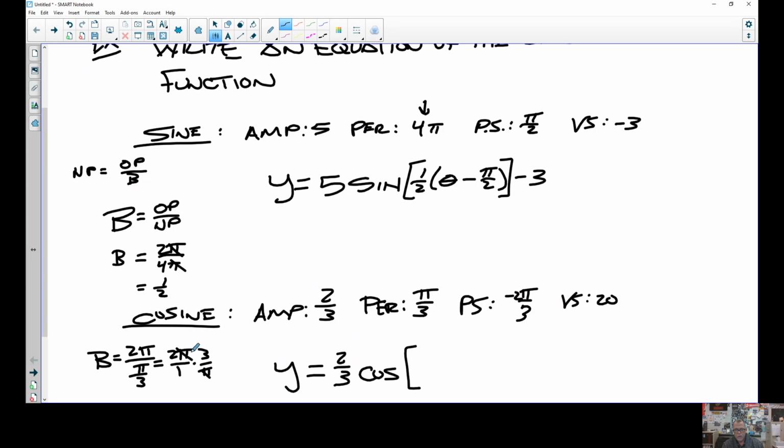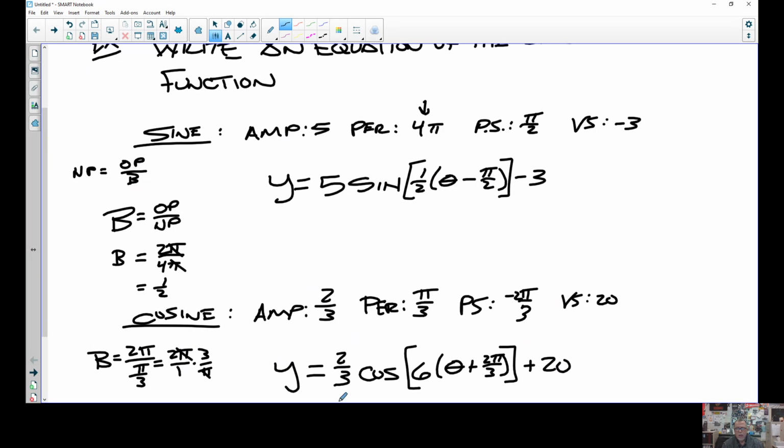So the pi's cancel and leave me 6. So I do 6 times theta. Phase shift is left 2 pi over 3 because it's a -2 pi over 3, so I am going to say plus 2 pi over 3. And vertical shift looks like a +20. And I have my equation.